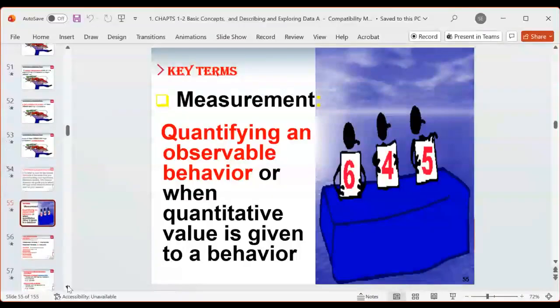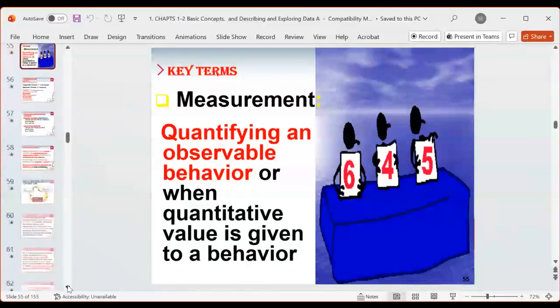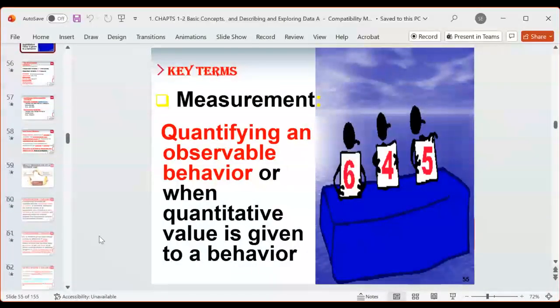Then it comes to the tools that you're going to be using. The tools are psychological tests, which we call inventories.